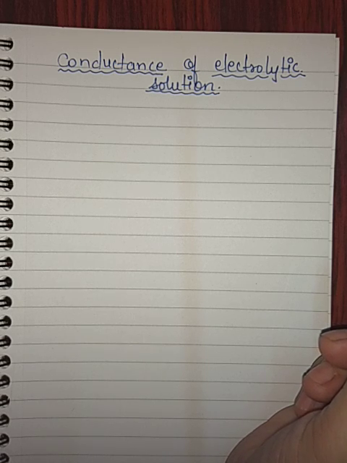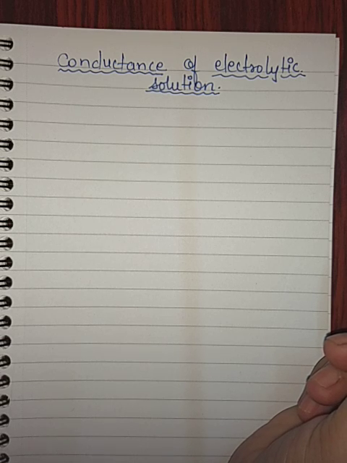Okay, let us talk about first the things which you already know. You know about conductors but in solid state, like copper wire. We use copper wires to conduct electricity from one place to another. So you all are well aware with it.